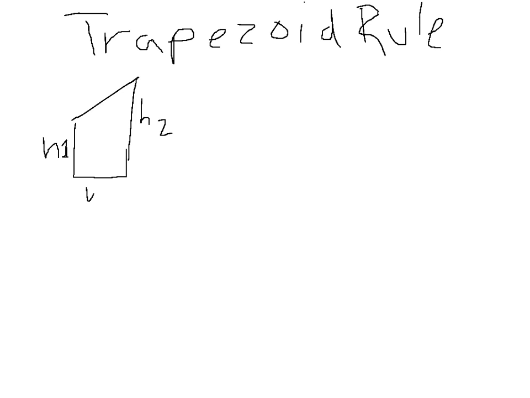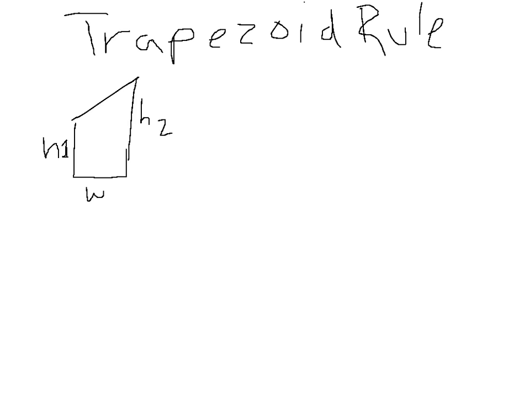So we're going to find the area under the curve using the trapezoid rule. It's kind of like Riemann sums, except you're using a trapezoid under the curve to estimate the area. And so you have height 1 on this side, and height 2 on this side, and the width.